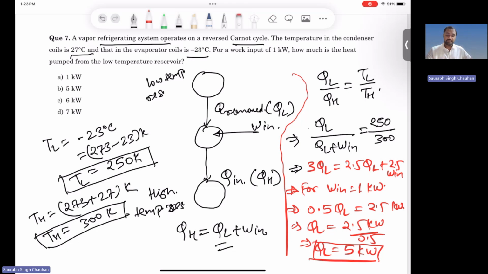But a real refrigeration system cannot work on a Carnot cycle, so you will not get a COP of 5. Anyways, the answer for this question is 5 kilowatt. I hope this is clear and we can move ahead.